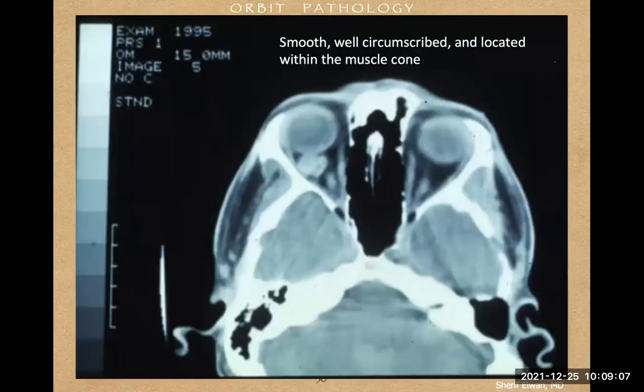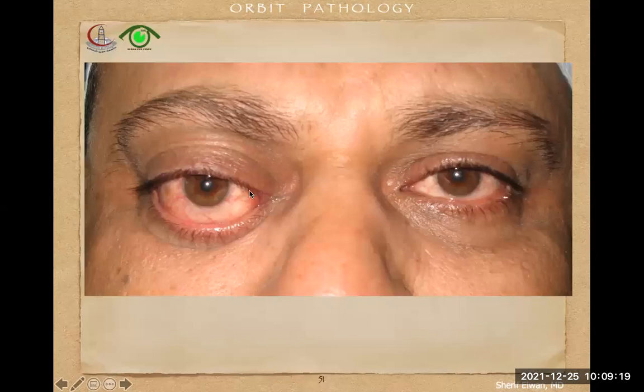Back again, the hemangioma is a smooth, well-circumscribed mass located within the muscle cone. This is an example of a gentleman with hemangioma of the cavernous type, cavernous hemangioma.